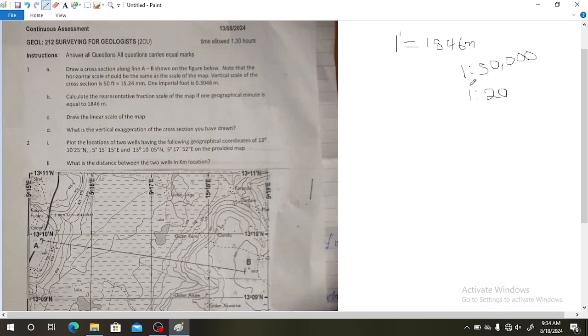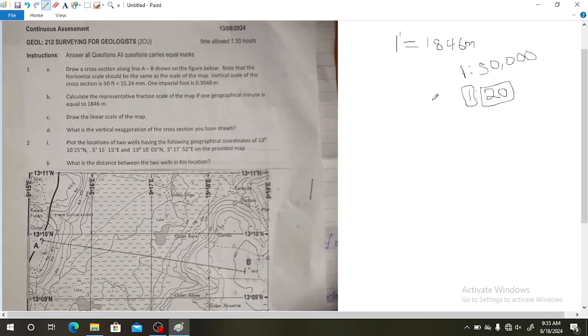The first number that appears is the measurement on map. The second one is the measurement on ground. You are telling them that 1 unit on paper represents 50,000 units on ground.